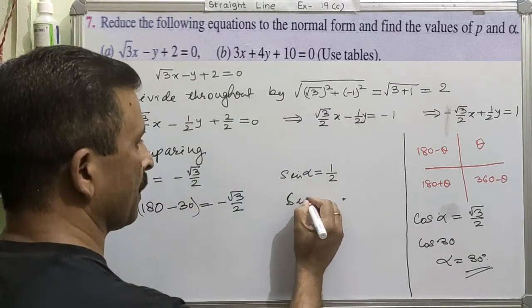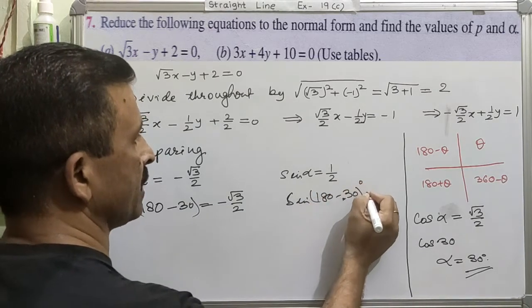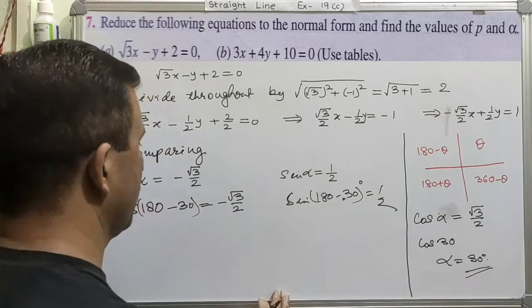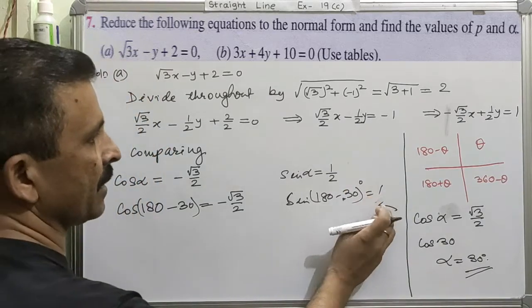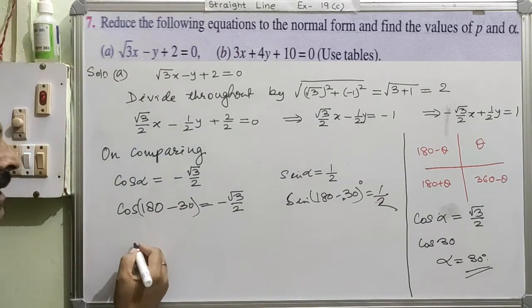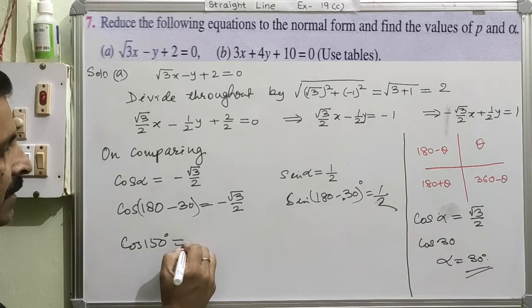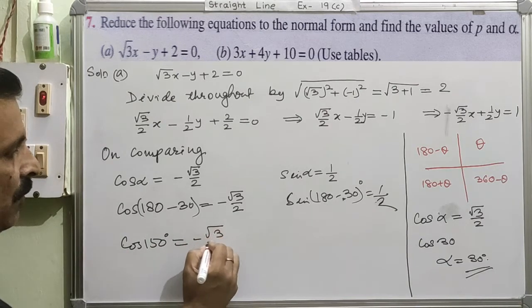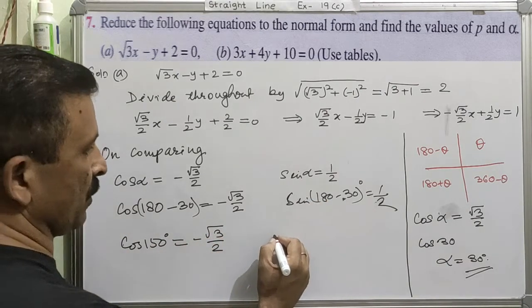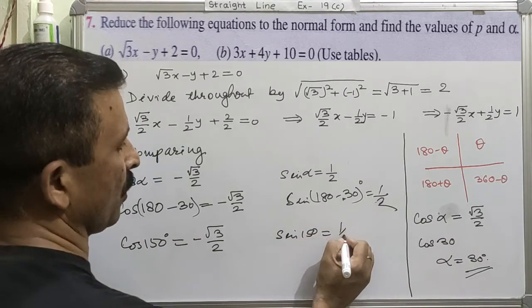Sine of 180 minus 30 degree is equal to also half. Am I clear? Now 180 minus 30 is how much? Cos of 150 degree is minus root 3 over 2, and sine 150 is equal to 1 over 2.